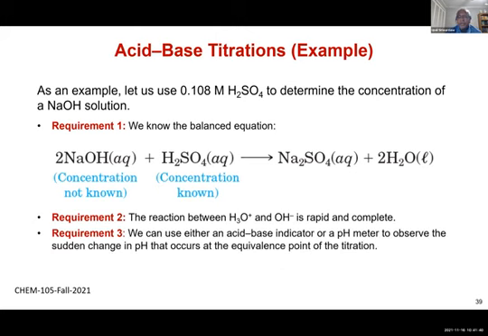We use the acid-base indicator as shown in the previous picture, with different pHs, or a pH meter. A pH meter also shows the change in pH. If you graph pH versus volume of reactants, you can find the change in pH at the equivalence point, using either an indicator or a pH meter.